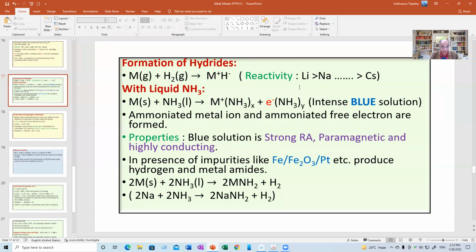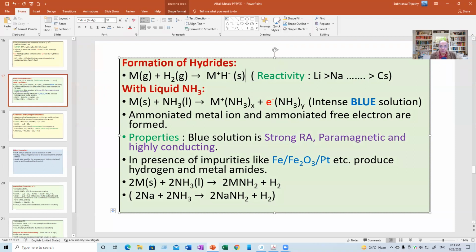So here, the point is why lithium reacts the fastest. Even if it has the highest IE, the crystal, the solid, has the highest lattice enthalpy, so the total amount of energy released is more.